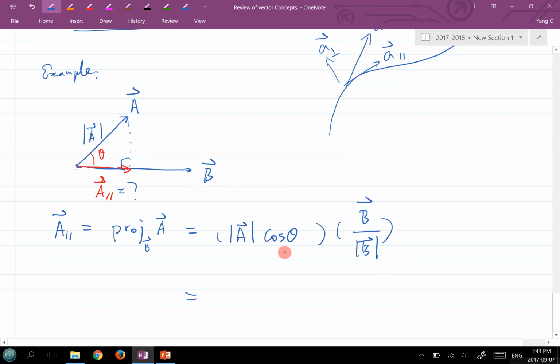A dot B divided by the magnitudes of both multiplied together. Exactly, right? We just covered that simple geometrical formula. So let's replace this cosine theta with the formula that we just presented here. Good. Yeah, thank you.